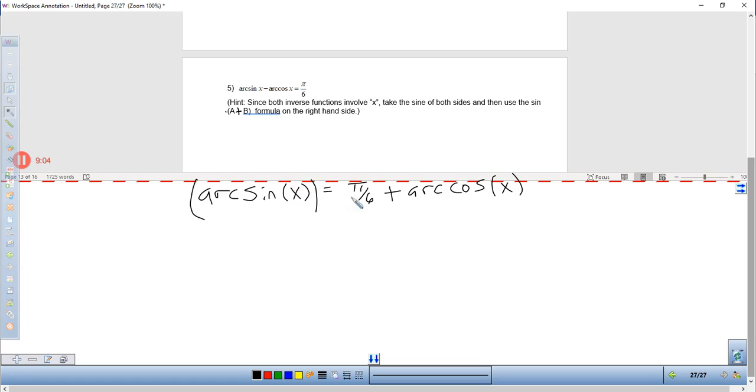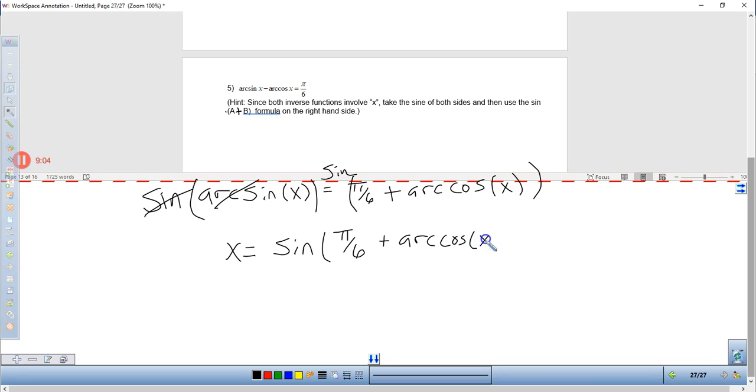Now I'm going to do the thing that we're talking about. I'm going to apply sine. So I've got x is equal to sine of pi over 6 plus arc cosine of x.